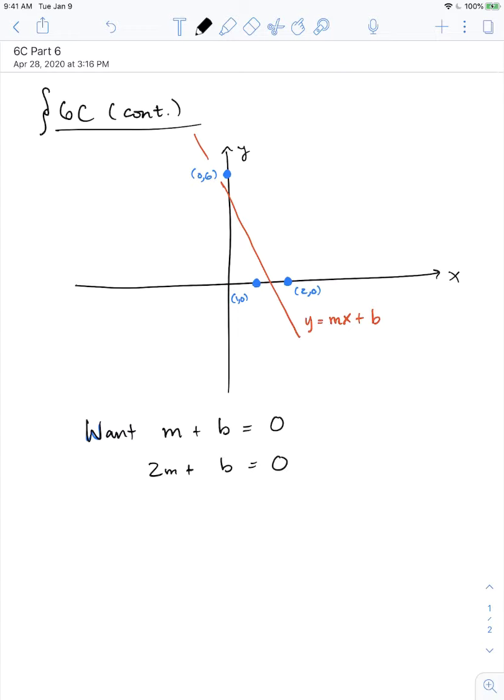And you would also need 0m plus b to come out to 6.